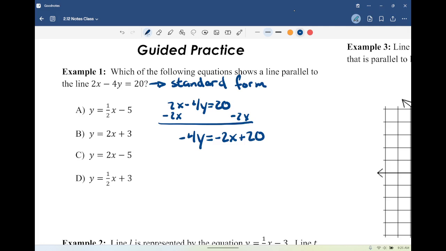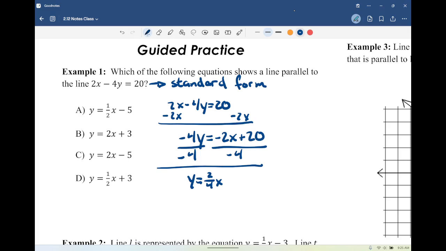Well, from here, I don't want negative 4y, I want just 1y, and so I'm going to end up dividing, but what am I going to divide both sides by? Negative 4. All right, so I'm going to have y is equal, well hang on, what's a negative divided by a negative? Okay, so 2/4 x, and then what is 20 divided by negative 4?